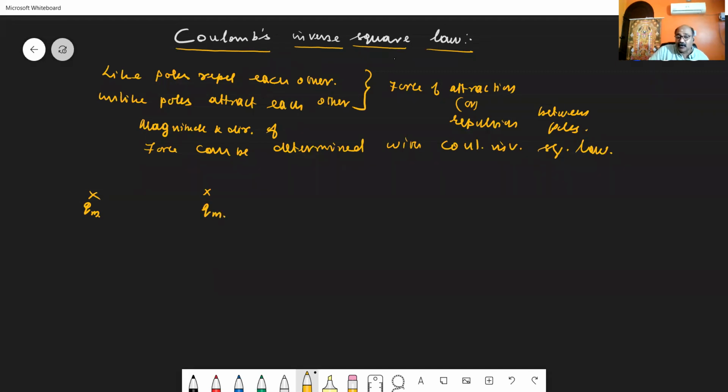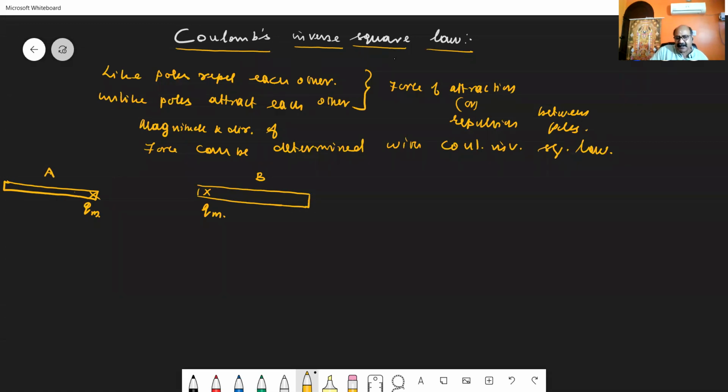If you are considering two pole strengths, you have to consider two magnets or two magnetic dipoles, because a magnetic monopole is not at all possible. So we are considering two bar magnets, let us consider them as A and B.